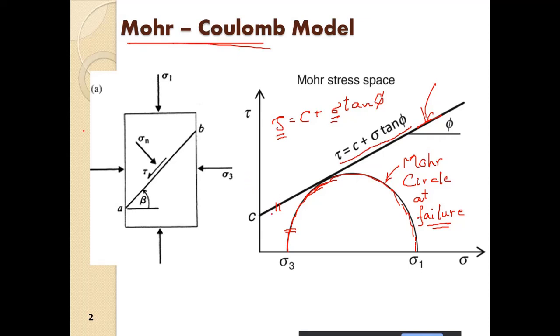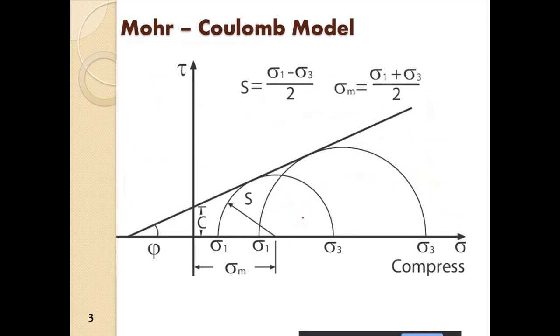This is basically the Coulomb friction, and this is the Mohr circle. So, the Mohr and Coulomb model. We have been seeing that we do 2-3 types of tests.